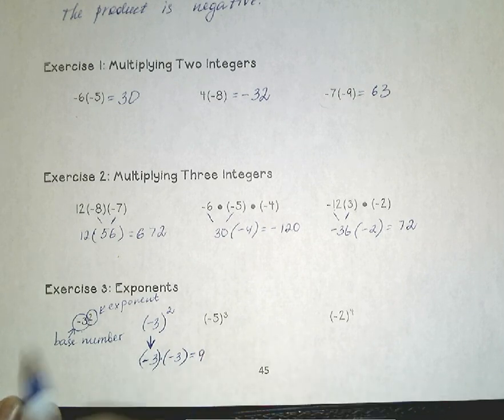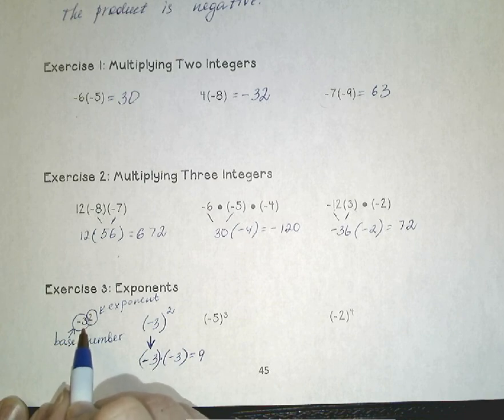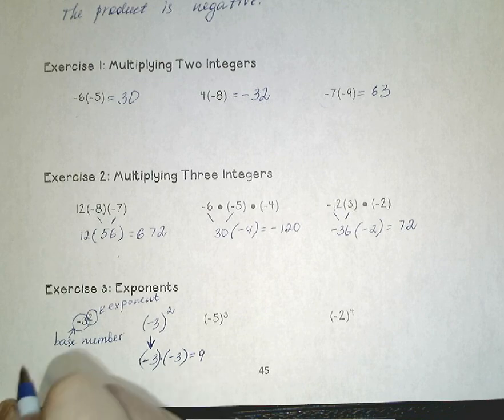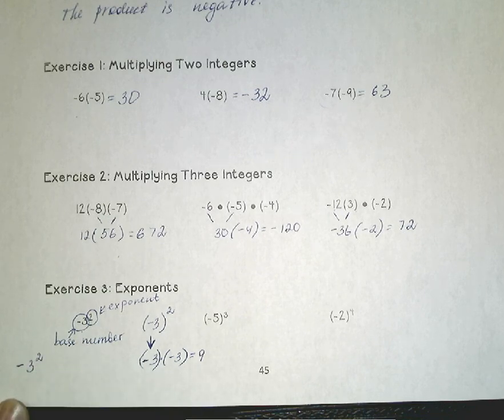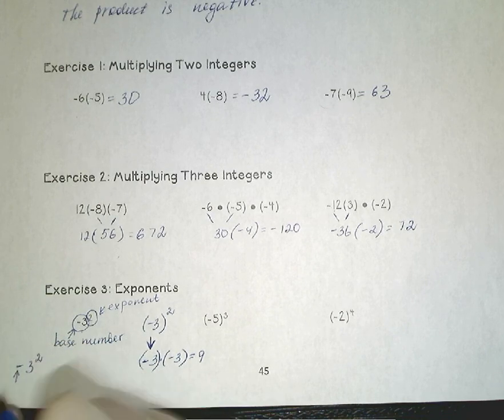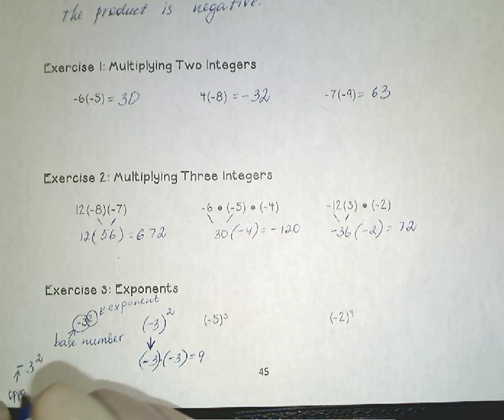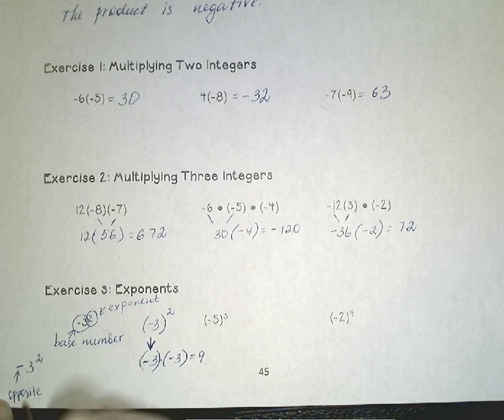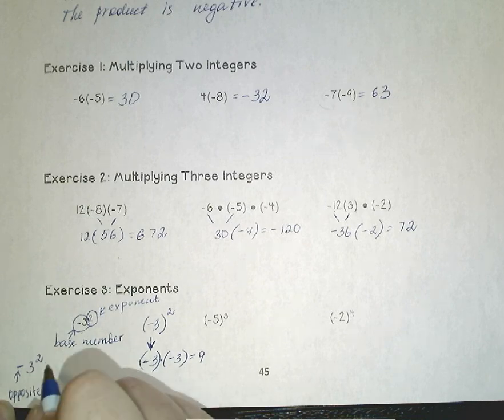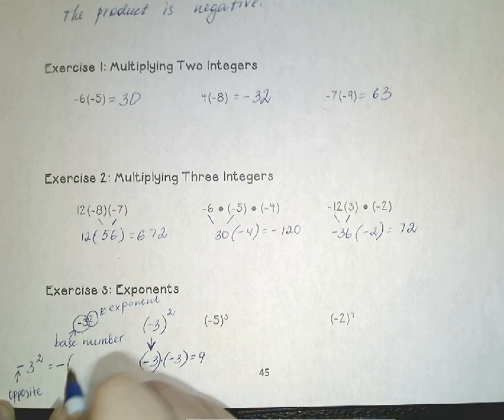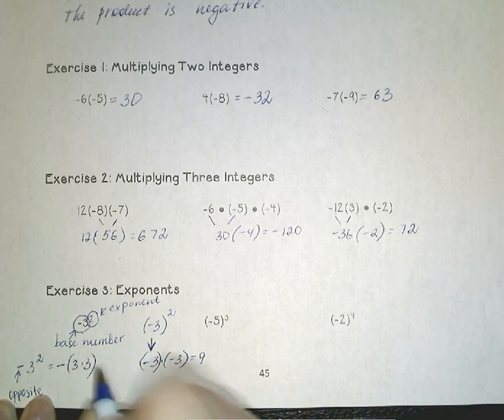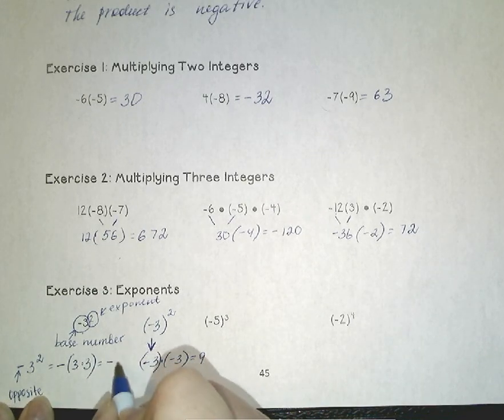However, when this number is written without parentheses, negative also means the opposite. Okay, -3 to the second power written without parentheses says that this is the opposite of 3 squared. And that will mean the opposite of 3 times 3, resulting in a -9.